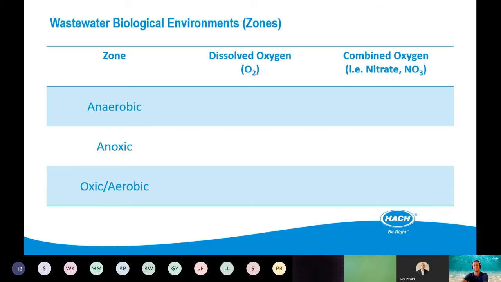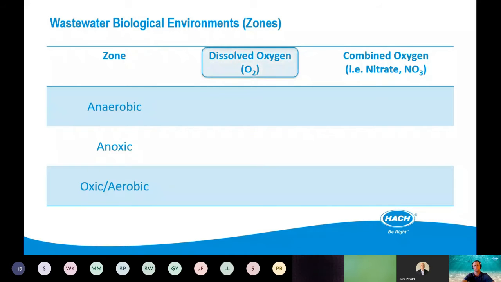There are so many different technologies out there, but really it can boil down into 3 very specific biological zones: anaerobic, anoxic, or oxic/aerobic, depending on how people are terming it. What we're doing is managing bacteria in a certain manner, with or without oxygen, with or without combined oxygen, free oxygen being O2, and combined oxygen being something like nitrite or nitrate.